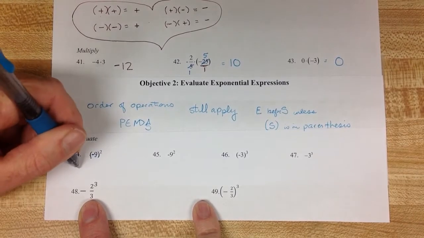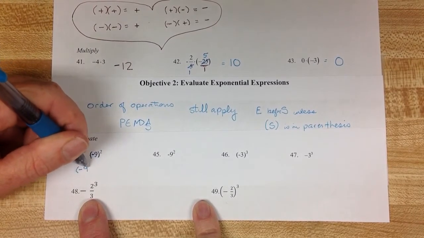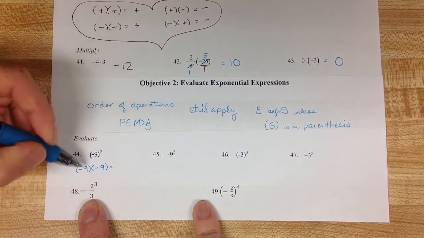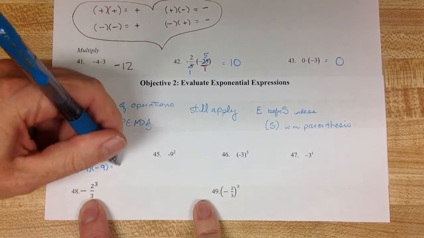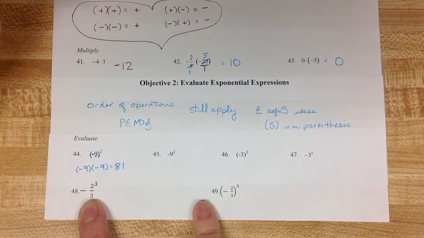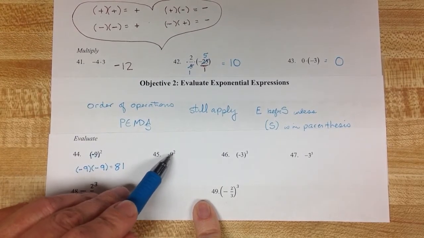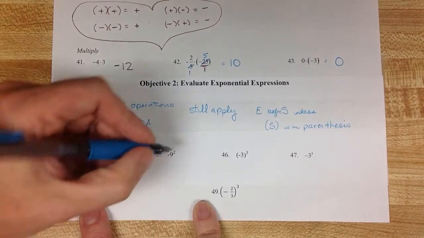So if we rewrote this problem, we would have negative 9 times negative 9, and a negative times a negative is going to leave us with a positive 81. In this next problem, it looks really similar, but the squaring of the 9 needs to happen before we apply this negative sign.